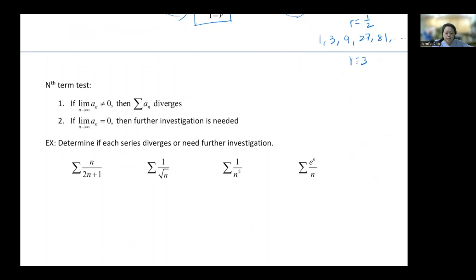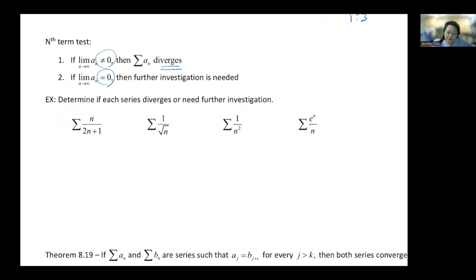If it does approach 0, that doesn't really tell us anything definitive. It just says you need further investigation, so you have to use other tests that we're going to develop in this chapter to test whether it converges or diverges. If the limit approaches a number that's not 0, then the series diverges and our job is done. So it's actually kind of nice 50% of the time.